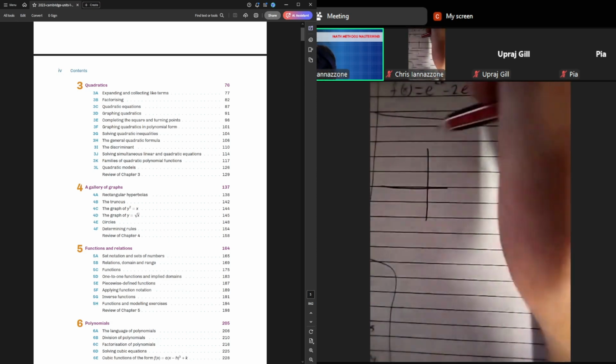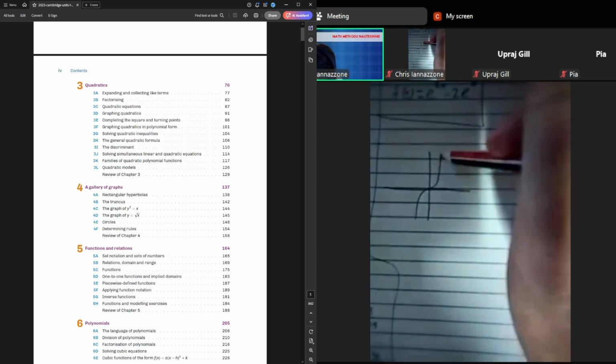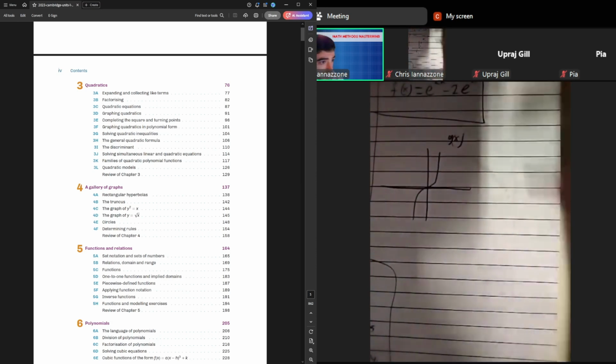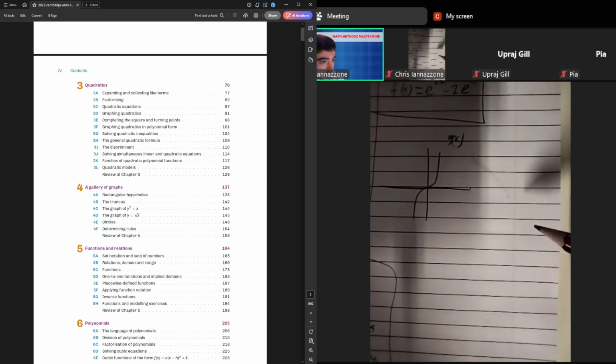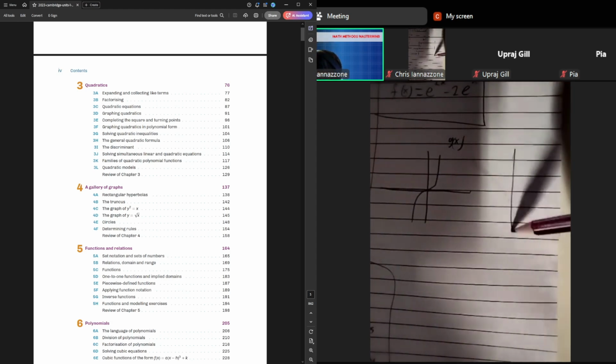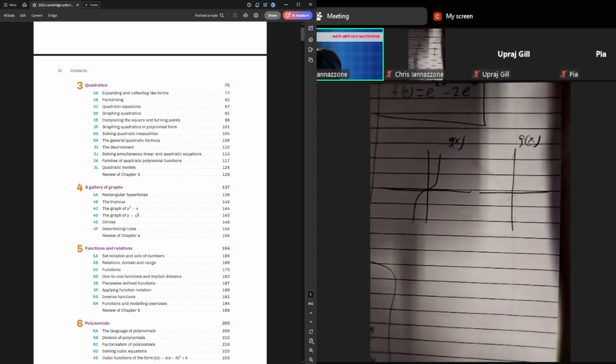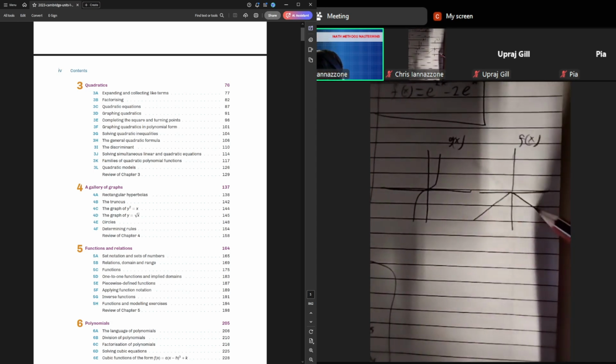We have g of x, which basically looks like a cubic. That's our g of x. And then we have f of x, which is a kind of, what do you call them, piecewise. That's right. You have f of x, which is essentially that.